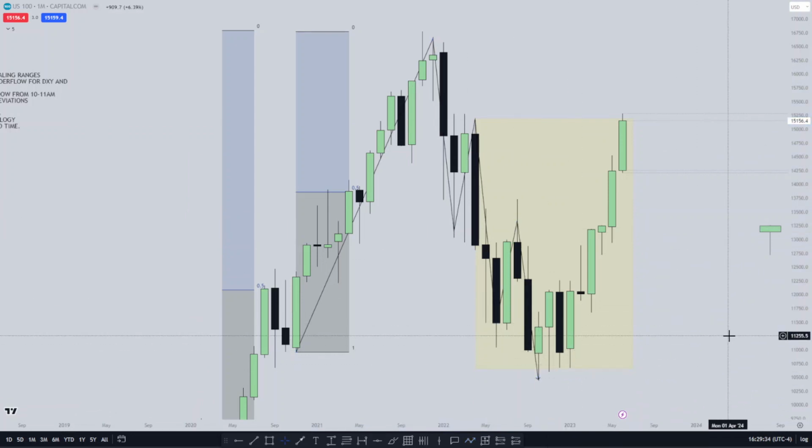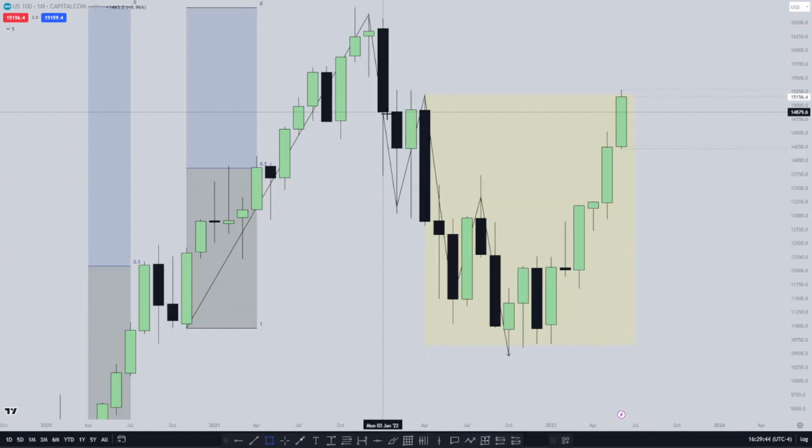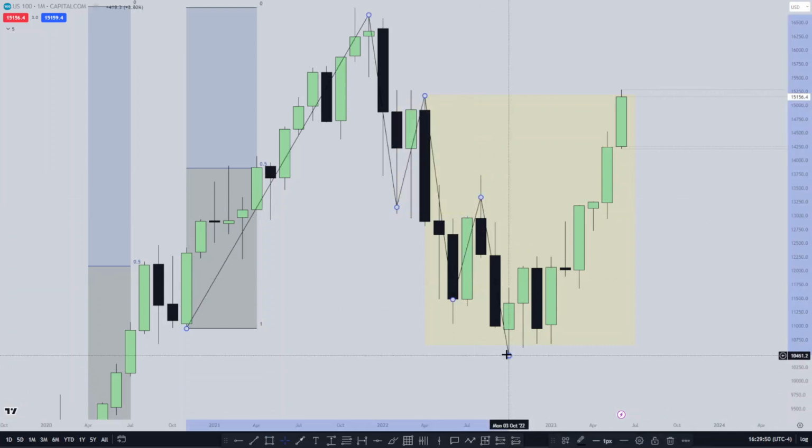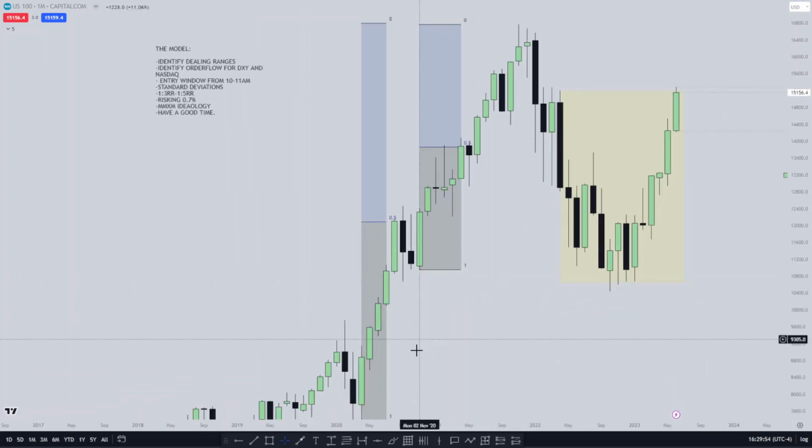So now, if you think about market maker models, this stage is complete and this stage is complete, right? Because this is the daily range.